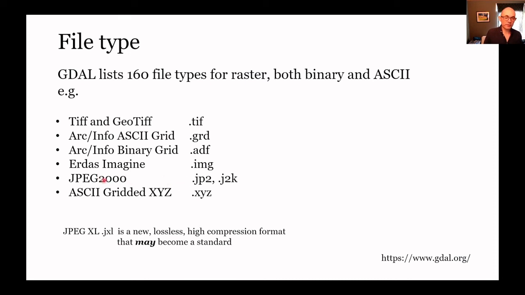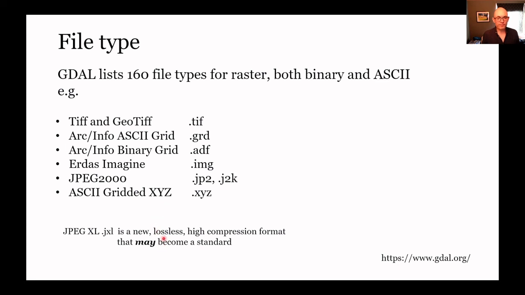This is a newer variant of JPEG where it's actually lossless. Not many other agencies use it, but the European Space Agency does, for whatever reason. And this new one that I was talking about that's coming out, this JXL, there are hopes that it will become a standard. Who's hoping that is another matter, but there are hopes that it will become standard.